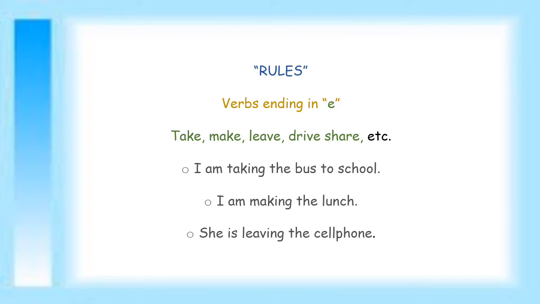For example, I'm taking the bus to school. Here, in that verb, we have deleted the letter E and added the ing form. The second example is I'm making the lunch. And the third one is she's leaving the cell phone.